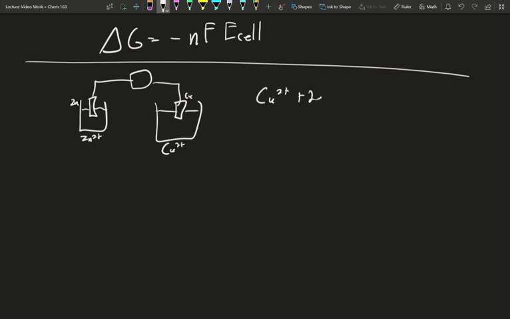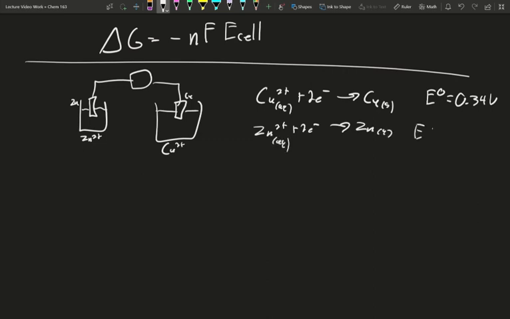Cu 2 plus plus 2 electrons go into Cu solid. If we look this up, E naught for this reaction is 0.34 volts. Zinc 2 plus plus 2 electrons go into zinc solid. E naught for that, negative 0.76 volts.